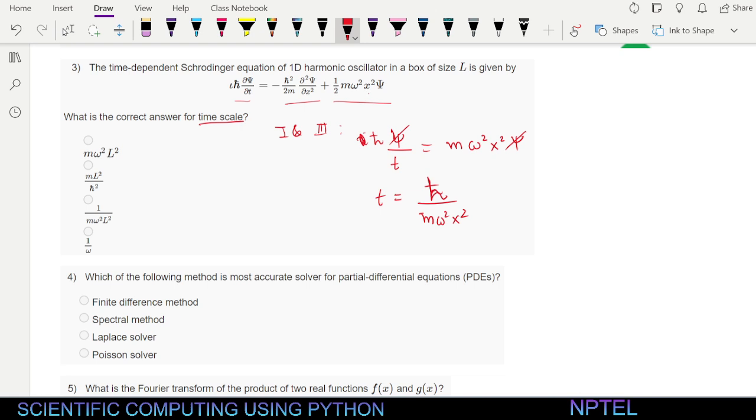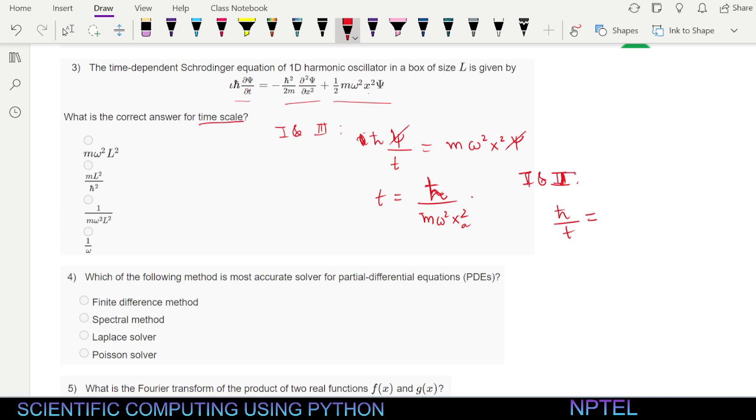Now x itself has some scale, so we can find that using 1 and 2, or should we compare 2 and 3? Let's compare 2 and 3.